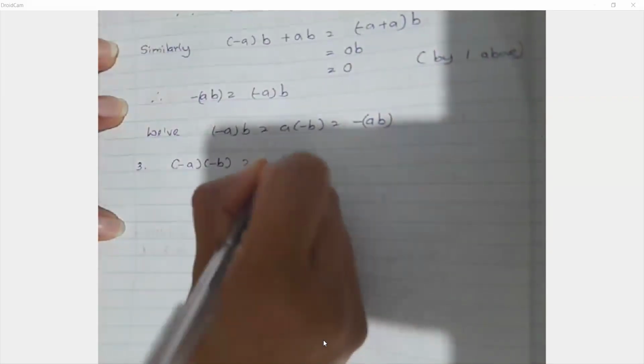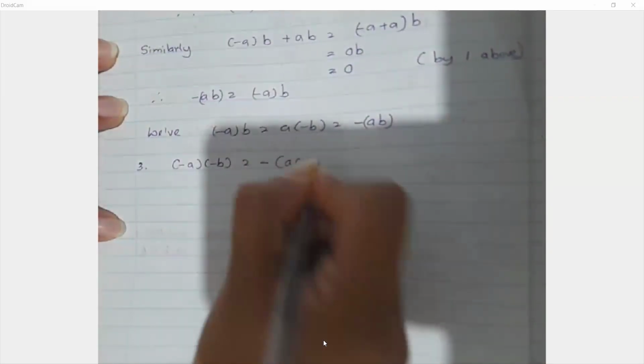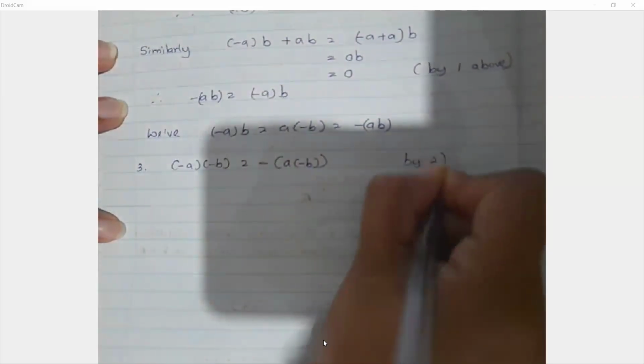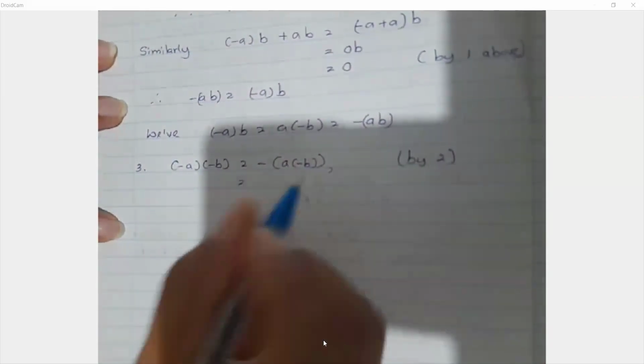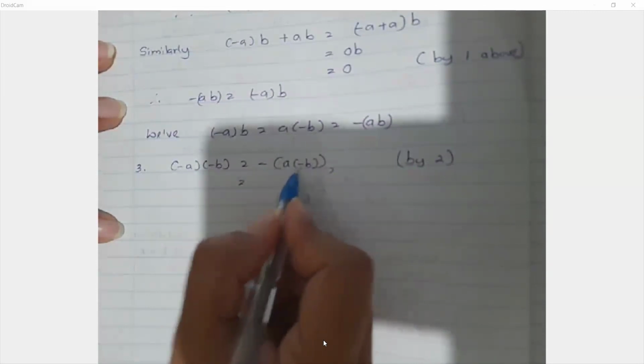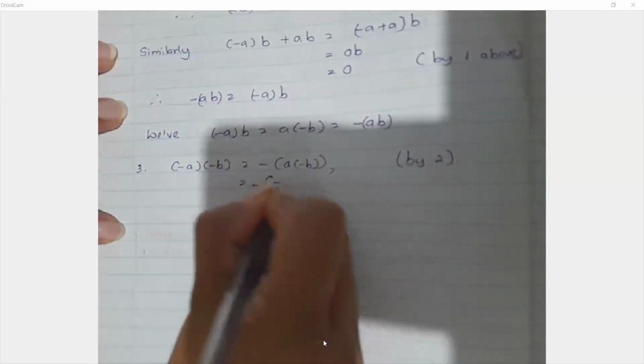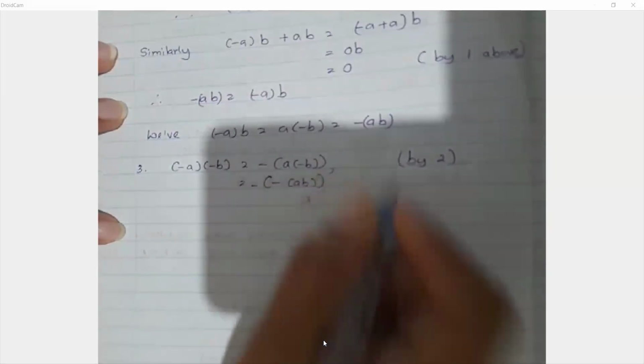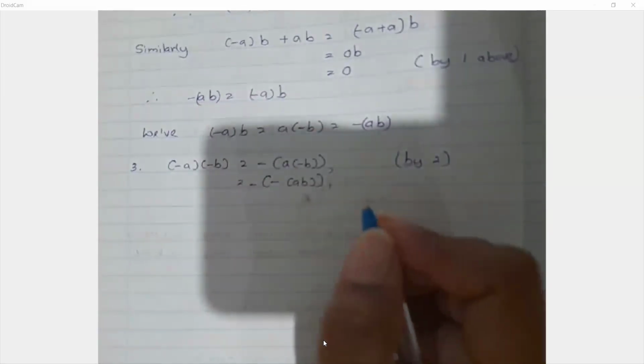So we have negative A times the second element, negative B. This is by 2 above. Now what do we do? Over here, I will factor out the negative. So I have negative AB. This is also factoring out in the sense simply using the one that we just finished proving, 2.